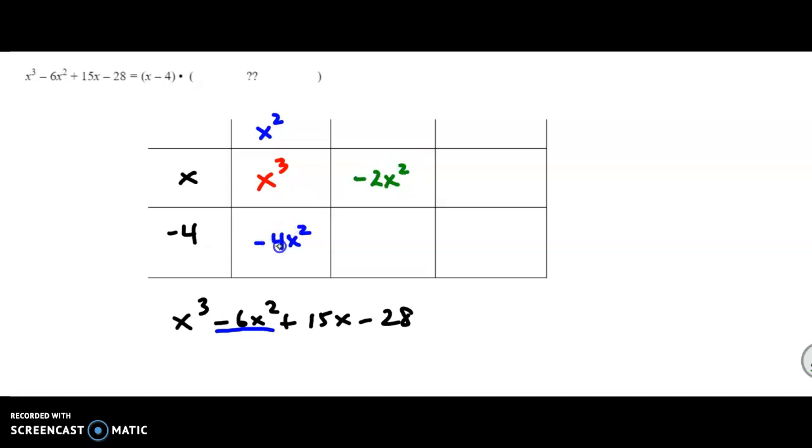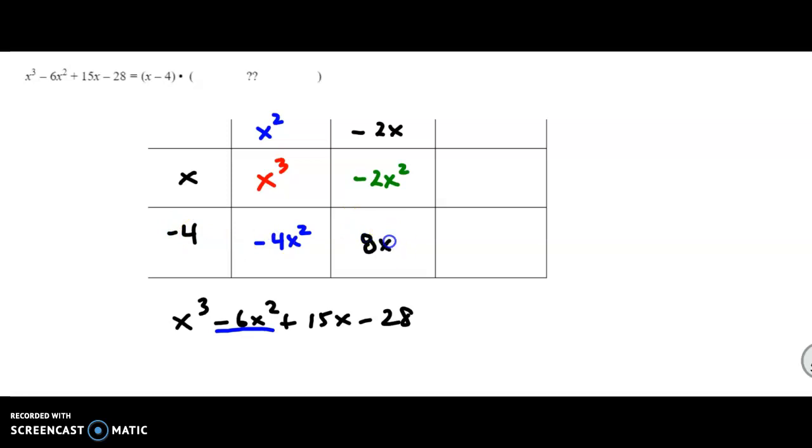Negative 2 plus negative 4 equals negative 6. So if this box is negative 2x squared, now I'm thinking x times what has to equal a negative 2x squared? That's got to be a negative 2x. Okay? Negative 2x times x is negative 2x squared. So now that this is negative 2x, I can multiply it with the negative 4. That's going to give me a positive 8x.